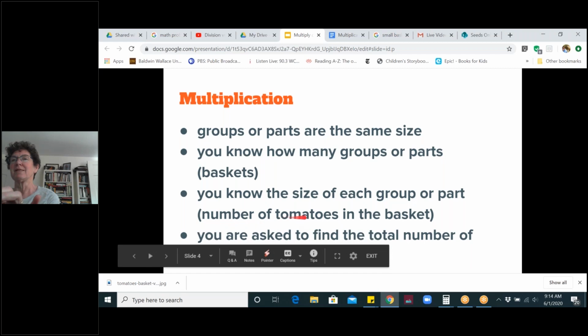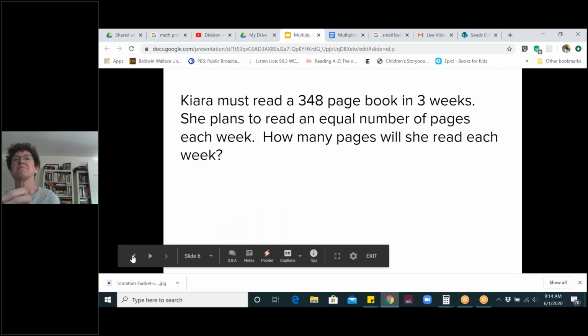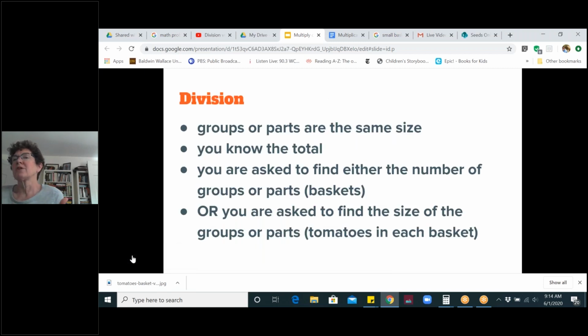So how does that differ from division then? In division, again, the groups or the parts that you're working with are the same size. However, you know the total. You're not being asked to find the total. You are given the total. So that is a piece of information that you have.